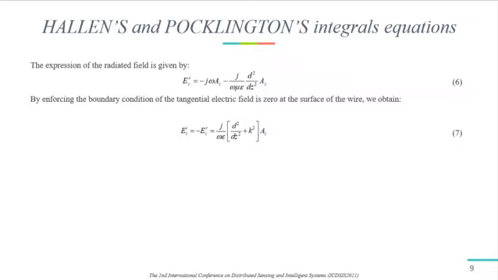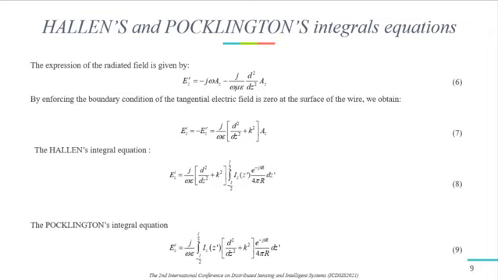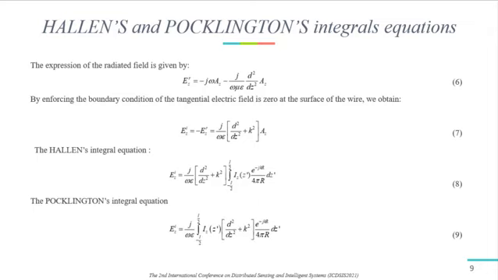Substituting equation 5 in equation 7, we obtain Hallen's integral equation presented by equation 8. And if we move the differential operator under the integral sign, we get Pocklington's integral equation defined by equation 9.